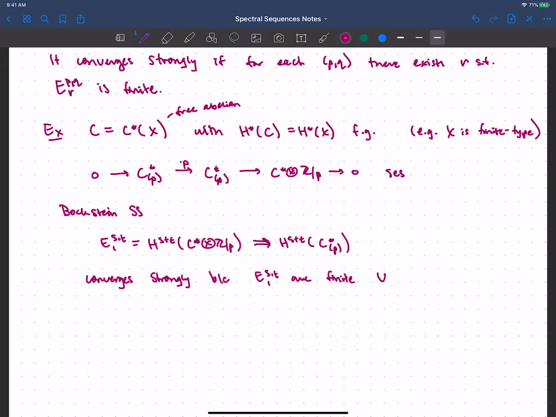I guess technically it converges to the completion, but the completion and the localization are very closely related. In particular, the P torsion in both of them is exactly the same. So Z mod P to the N is P complete.